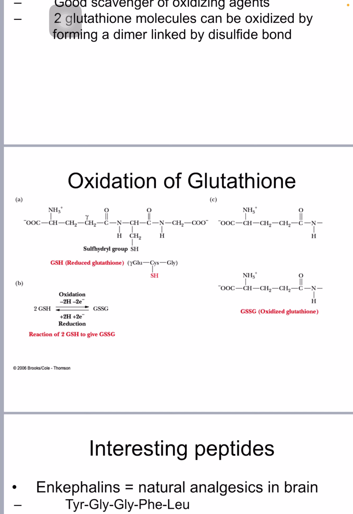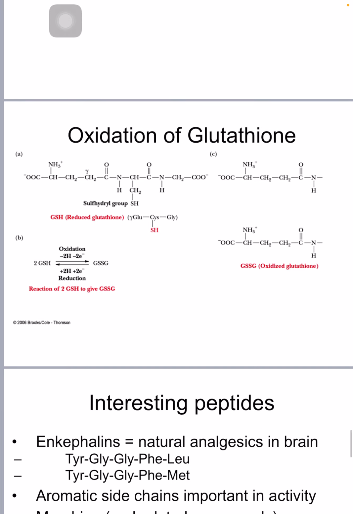That's pretty cool because that means that those oxidizing radical species have been sort of, I guess, eaten up, for lack of a better phrasing, but without damaging your important biomolecule groups. All right? And so this will form a disulfide bond whenever you oxidize these. And then it doesn't hurt you at all.